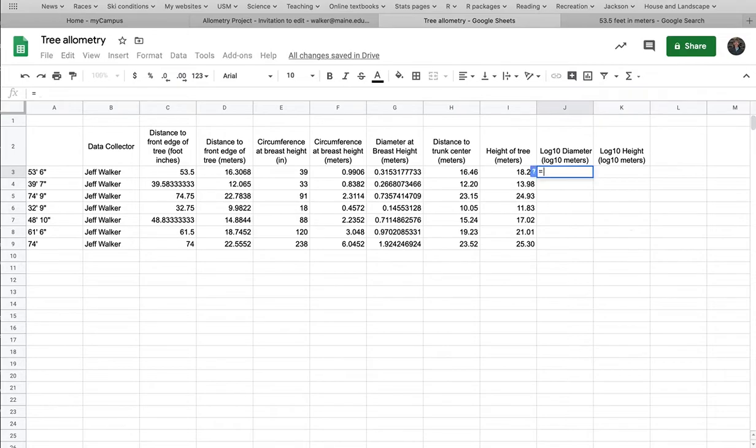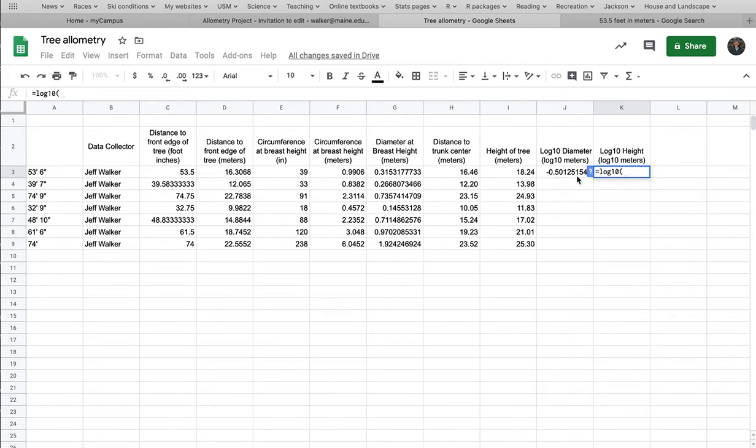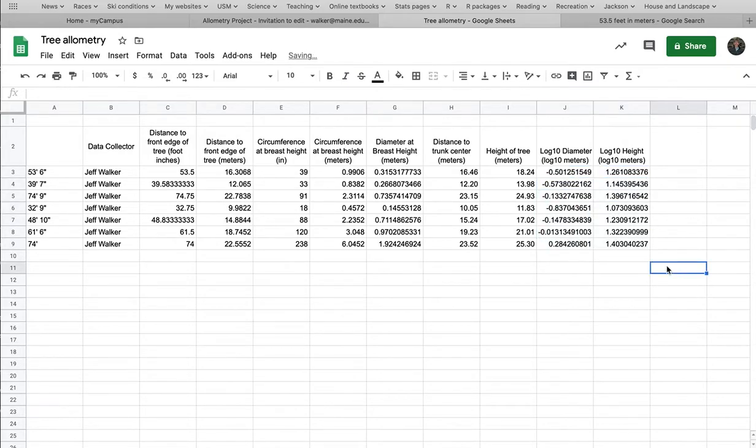So log 10 of diameter at breast height in meters, and log 10 of the height, in meters, and let's put that down. And there we have our answers.